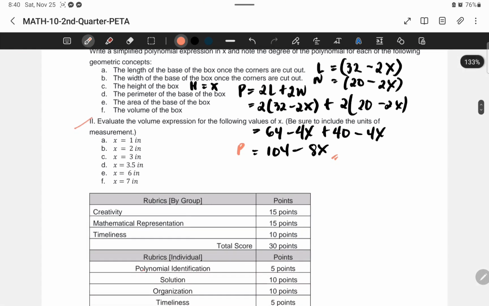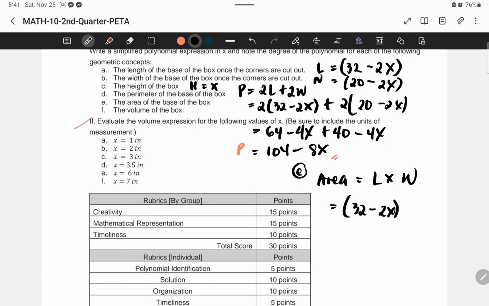How about the area? Okay, so for the area, this is letter E na. Okay, for the area of a rectangle, di ba, that is length times width. So multiply lang natin yung given natin na length, which is yung 32 minus 2x by its width, 20 minus 2x.